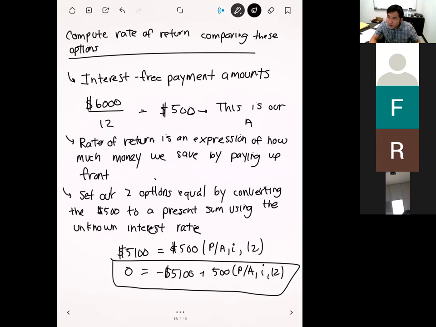So we get one big negative cash flow in the beginning, but compared to financing it, we have $500 more each month later on. It's not that we're actually earning $500, it's just that we have $500 more each month because we didn't have to make those payments.